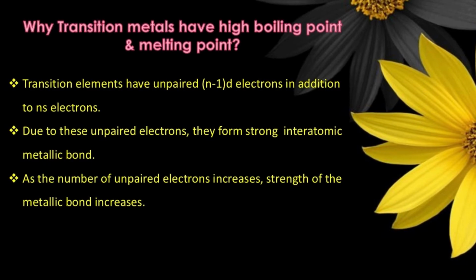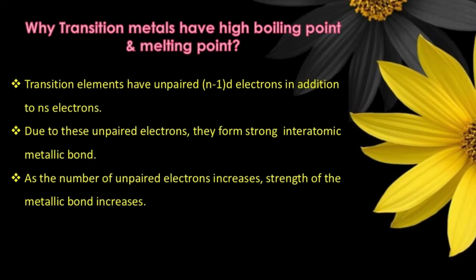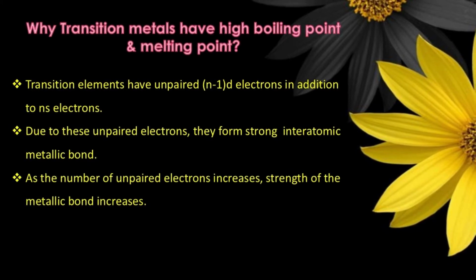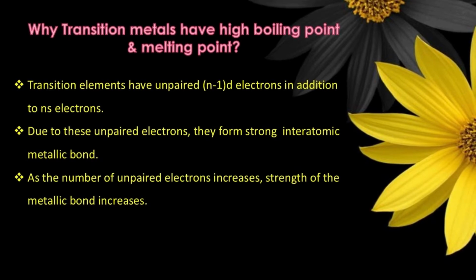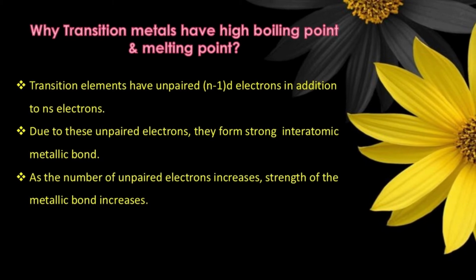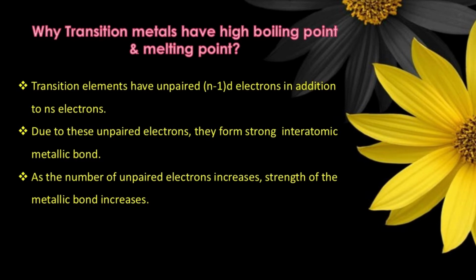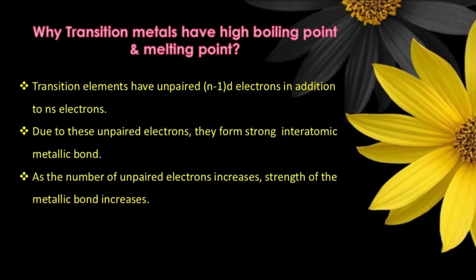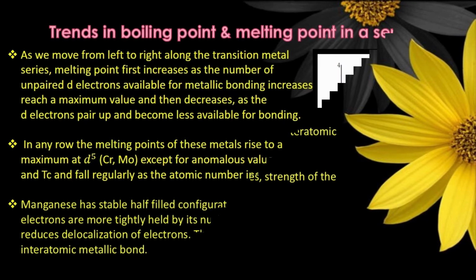Both (n-1)d electrons and ns electrons contribute to form a strong interatomic metallic bond. So, as the number of unpaired electrons increases, the strength of the metallic bond also increases.